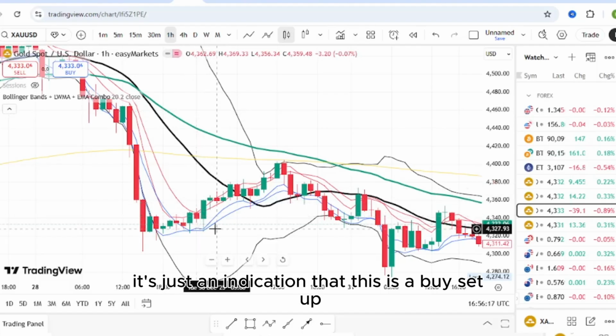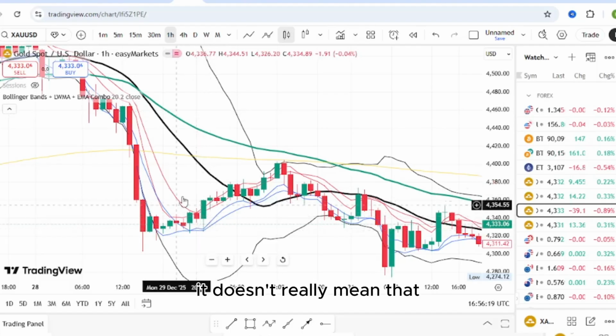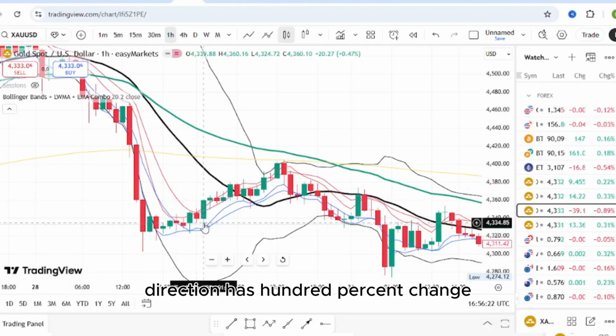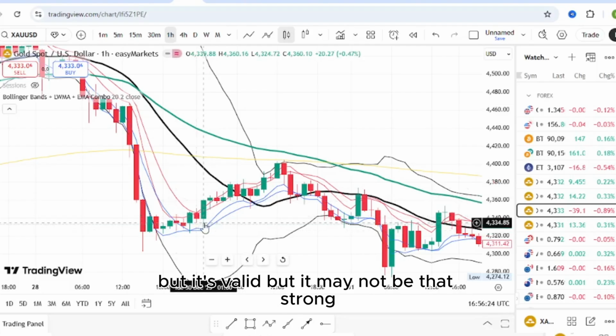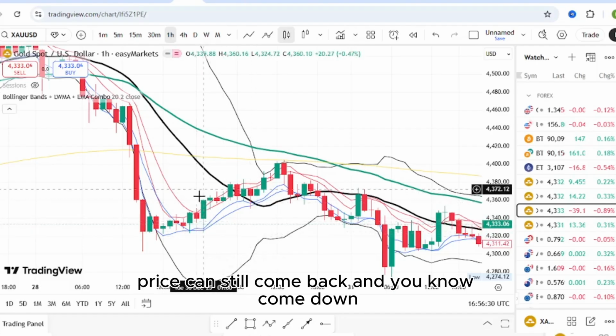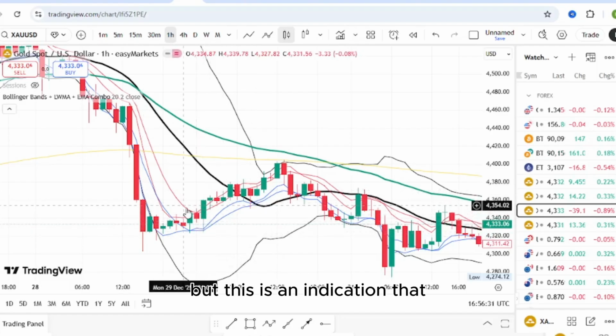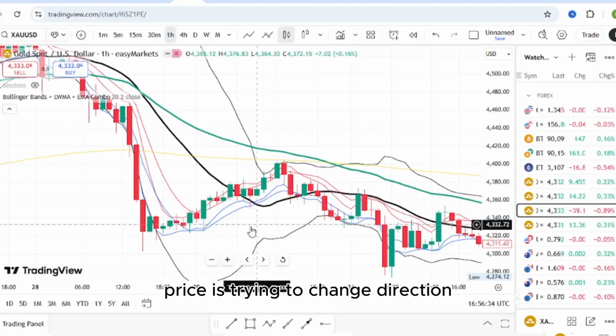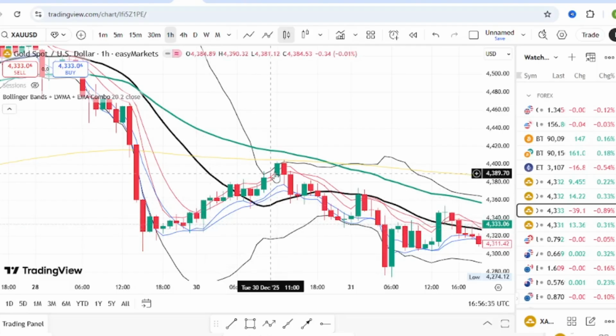It doesn't really mean that direction has 100% changed. It's valid, but it may not be that strong. Price can still come back and come down, but this is an indication that price is trying to change direction to at least move up a little bit.